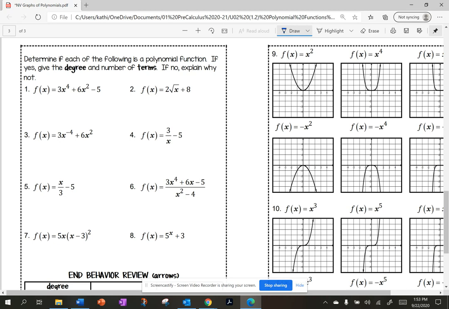F of x equals 3x to the fourth plus 6x squared minus 5. This is a standard polynomial, so I'm going to say yes. And my degree, looking at the highest power, is 4. And I have 1, 2, 3 terms.